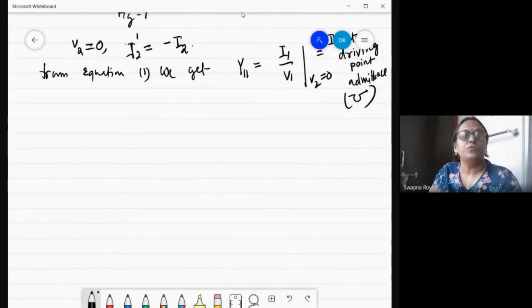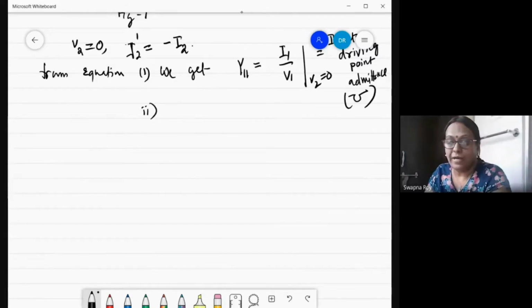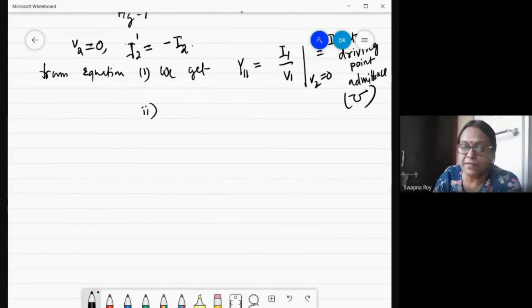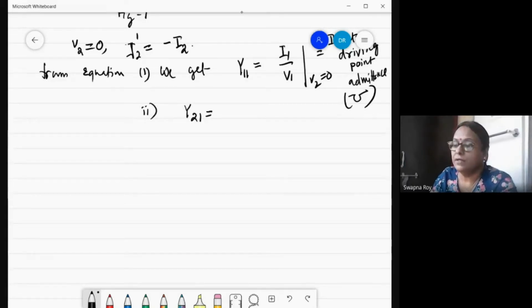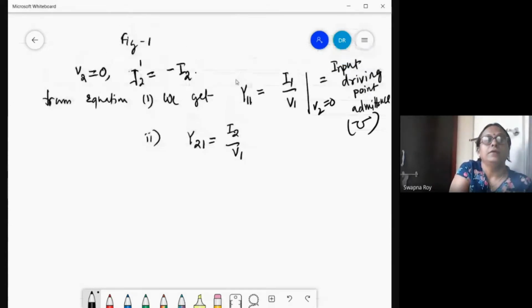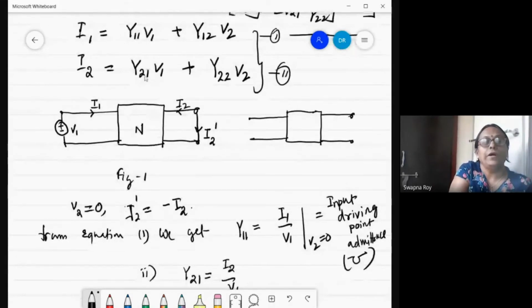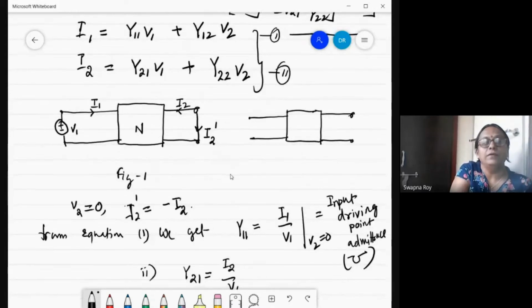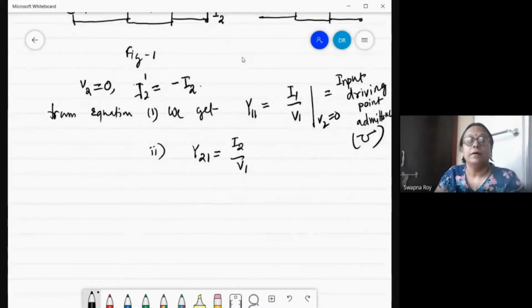And from equation 2, what are we getting? Equation 2 is I2 is equal to Y21 V1 plus Y22 V2. So Y21 is equal to I2 by V1, when V2 is equal to 0.